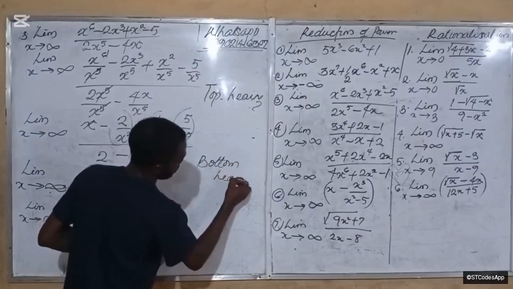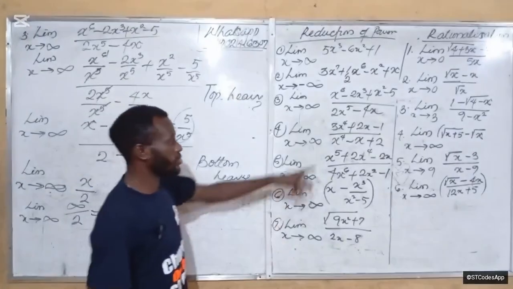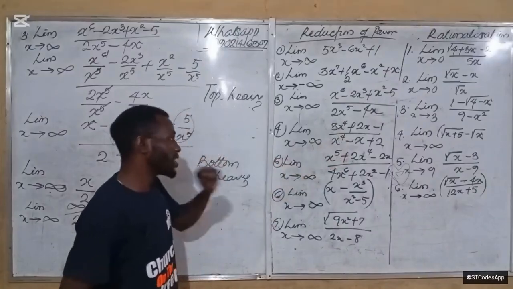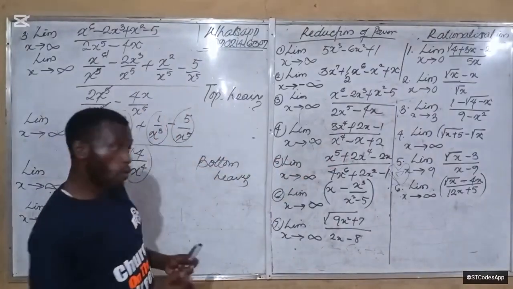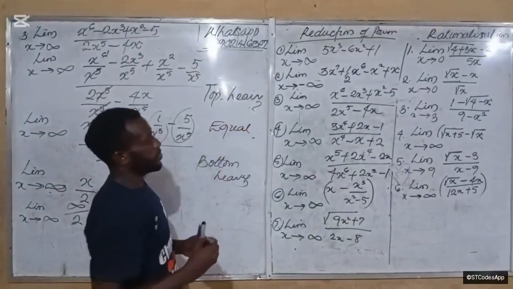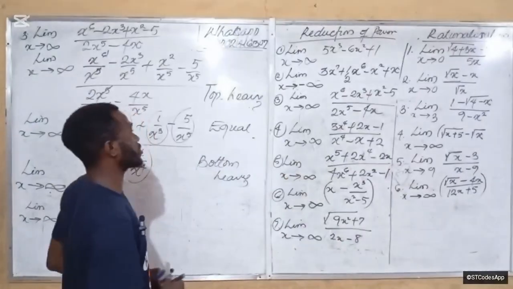Okay, now if they have equal powers, as we have in number 4, raised to the power 4, raised to the power 4, then that's going to be equal powers. Okay, equal powers. So bottom heavy is going to be like in question 5. So I'm going to give you the trick. The trick is this.